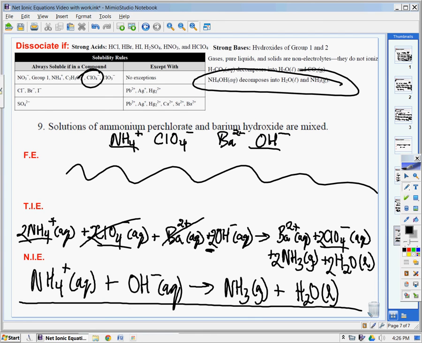Everything has the same charges left and right, or fake charges in the case of these molecules here. Molecules, you know, don't have charges, but we can pretend they have charges and everything actually still has the same oxidation state as before. So this is not a redox equation. This is a metathesis reaction, or a combination reaction. I'm not really sure which at this point, but we will talk about it in the very near future.